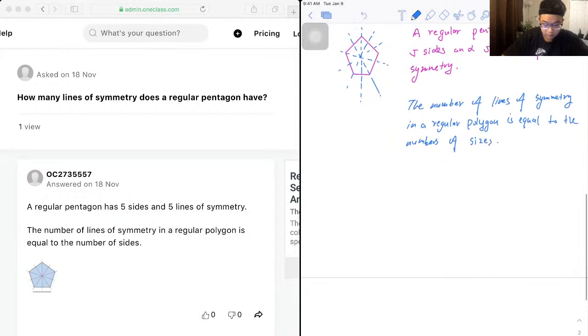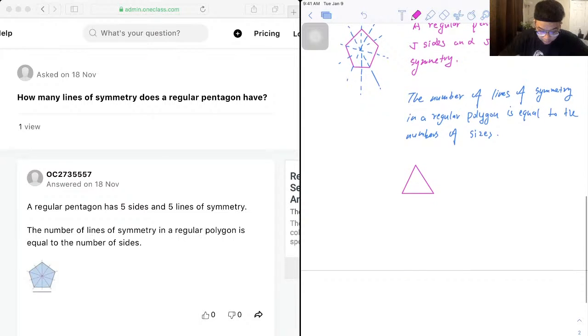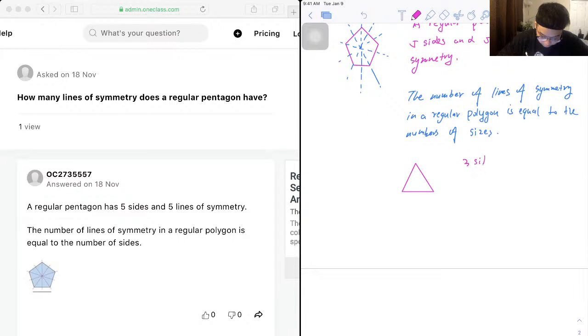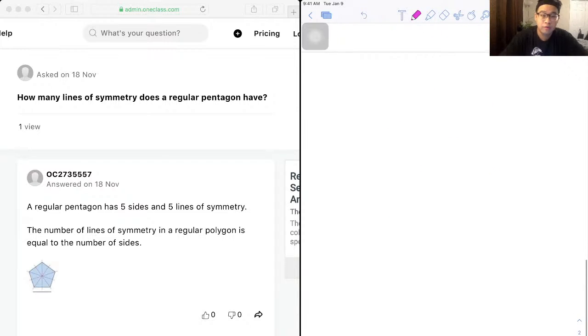So another example could be a triangle. For a triangle, we know that there are 3 sides and also 3 lines of symmetry. So that's 1, 2, and 3. So that's all we got for this question.